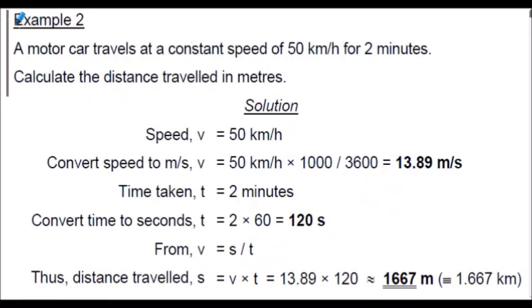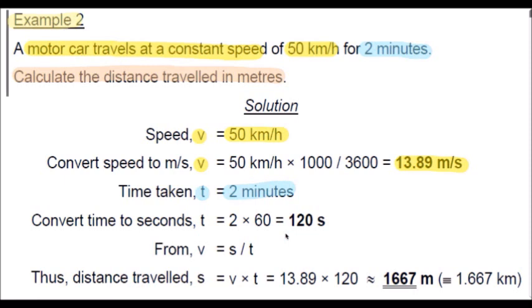Let's consider example 2. A motor car travels at a constant speed of 50 kilometers per hour for 2 minutes. We've got to calculate the distance travelled in meters. So from the question, V is equal to 50 kilometers per hour. I've converted that here into meters per second. The time taken T is 2 minutes, and here converted T into seconds, 120 seconds.